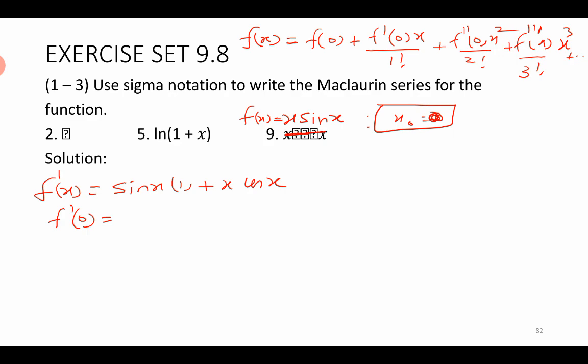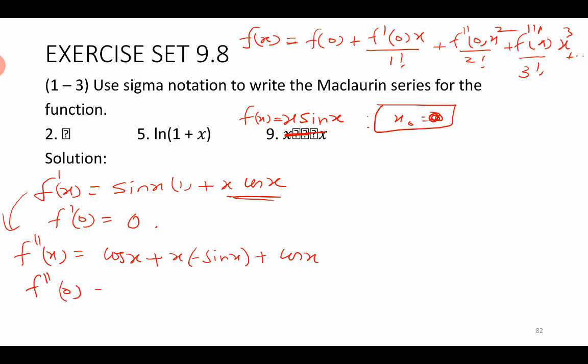When x is 0, this is 0, this is 0, so 0. Second derivative of x sine x from here: the derivative of sin is cosine, and then use the product rule here. Keep x, differentiate cosine, you will get negative sin x, and keep cosine x, differentiate x, you will get cosine x. So the second derivative at 0 will get you what? This is 1, this is 0, that is 1, answer is 2. So the third derivative from here.